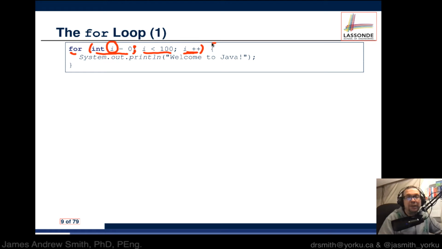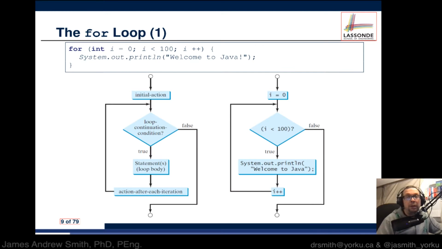And then inside of the for loop, in between these curly braces, you have whatever's supposed to be executed every time the for loop goes through. Now, visually, we can take a look at a for loop, and it looks something like this, where you've got an initial action. So in our case, I is equal to 0.